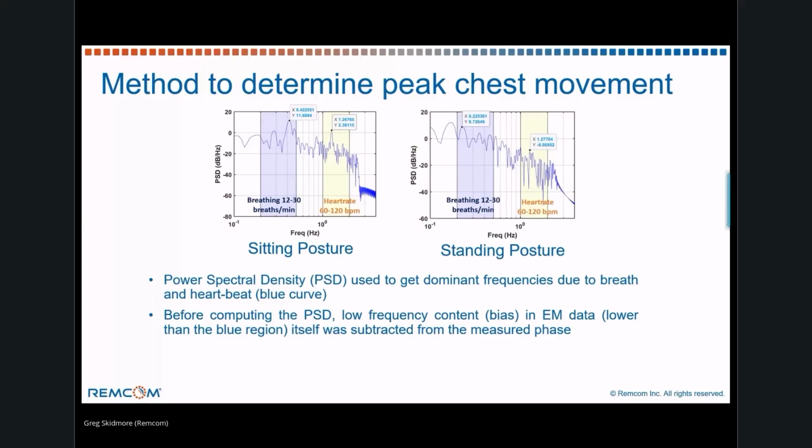And so we can estimate the movement from the breathing and then also the displacement due to the heart rate by simulating a similar scenario and seeing, at the same frequencies, where we get the same power. There's also some signal processing where we remove some of the low frequency bias in the EM data, which is also done in the measurement data. You can go to the next slide.